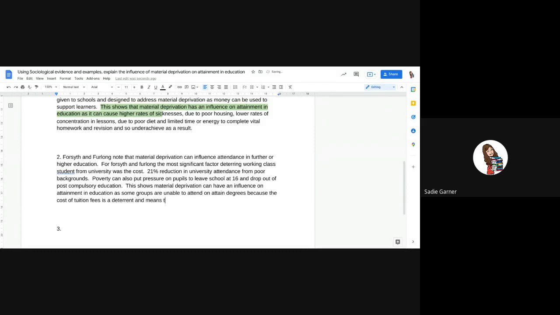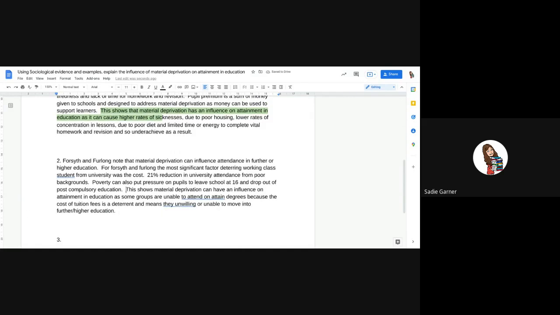and means they are unwilling or unable to move into further or higher education. Okay, so again, I've got this shows, I'm using the phrasing of the question.